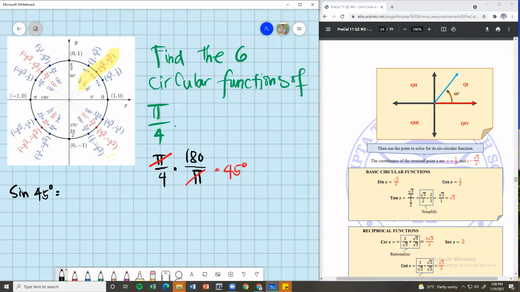Okay? And then, your sine, of course, is this. This is your sine. So that's square root of 2 over 2. Di ba? Dali lang. Cosine 45 degrees. That is the first coordinate. That's square root of 2 over 2. Di ba? Dali.